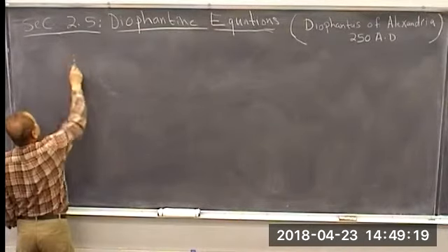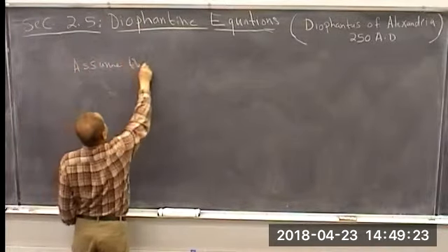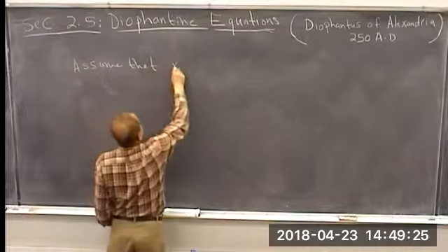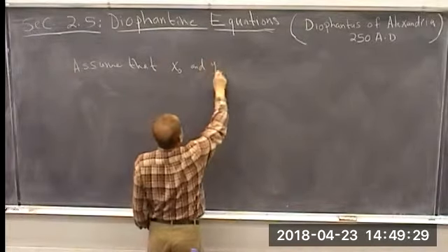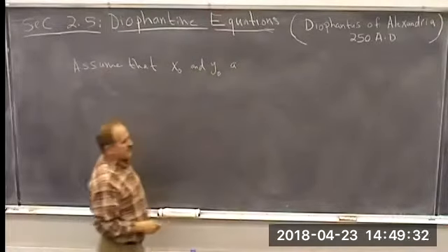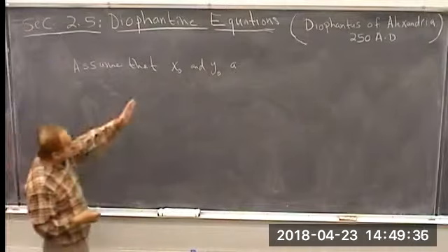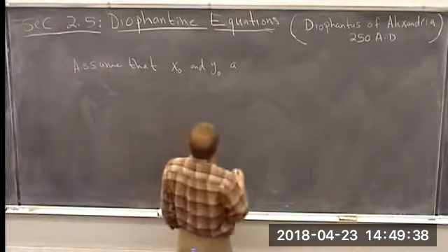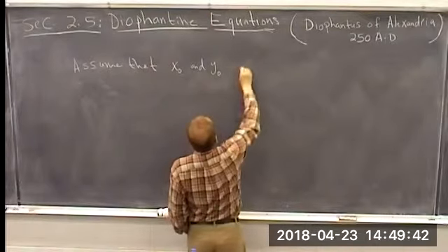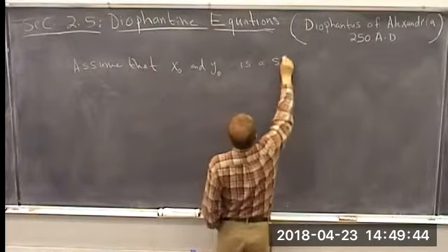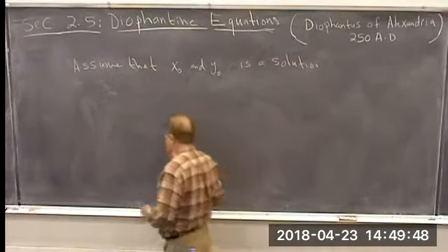Let us assume that x sub 0 and y sub 0, because the solution is an ordered pair, right? A value for x and a value for y. So I'm just going to specify like this. x sub 0 and y sub 0 is a solution, it's an integral solution, okay?